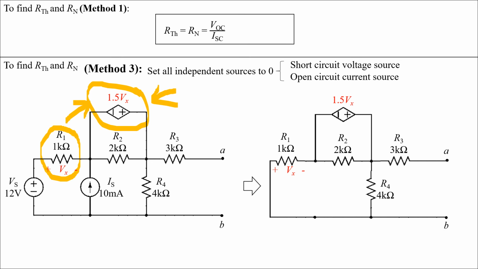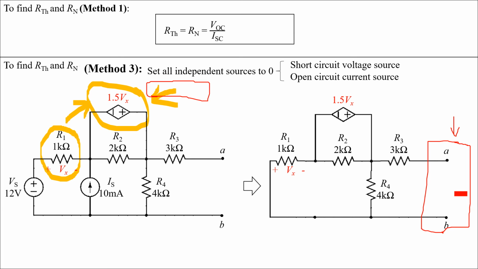So to do so, we add a voltage or a current source between terminals A and B. In this case, we add a voltage source between terminals A and B. This voltage source VO, we can set to any value. In our case, we set it to 1 volt.